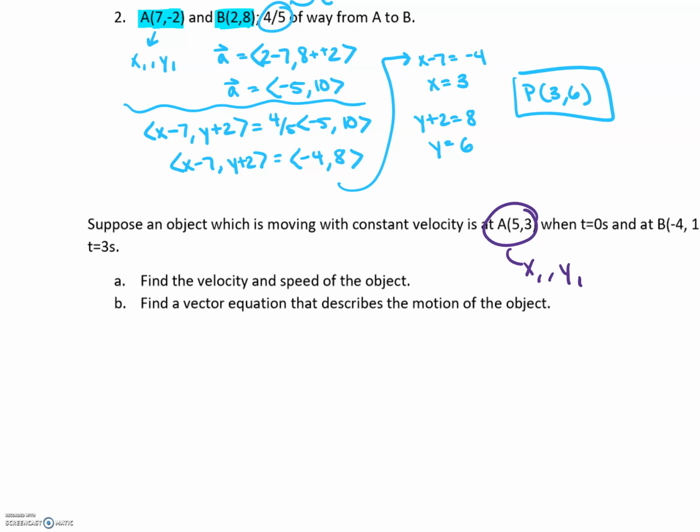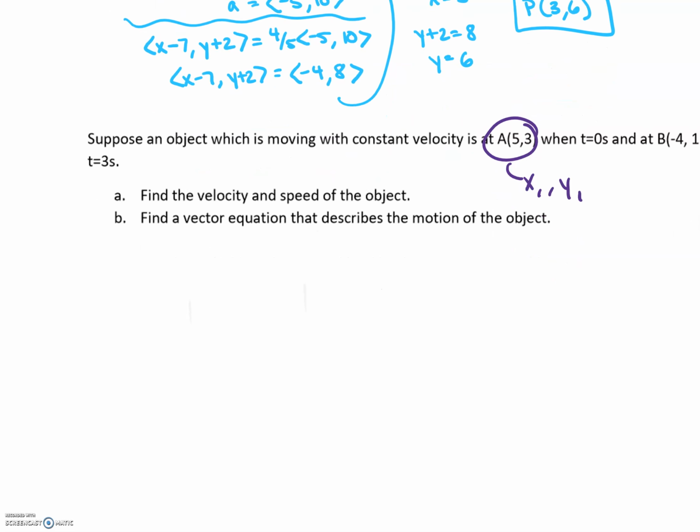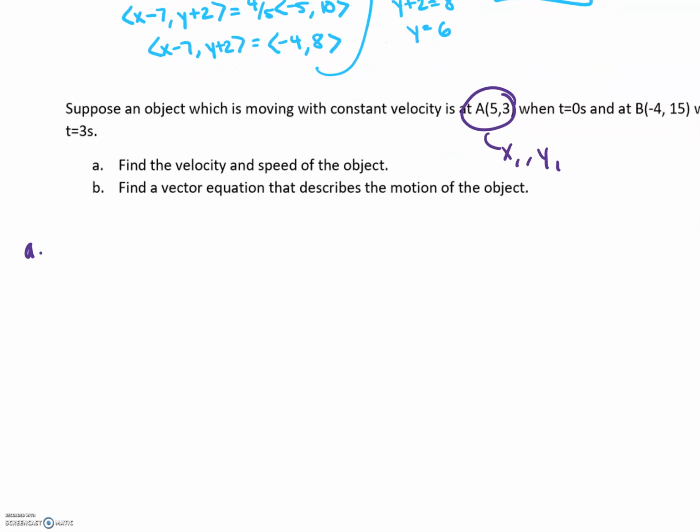So part A is asking us to find the speed of the object. At t equals 0, my coordinate is (5, 3). At t equals 3, my coordinate is (-4, 15).